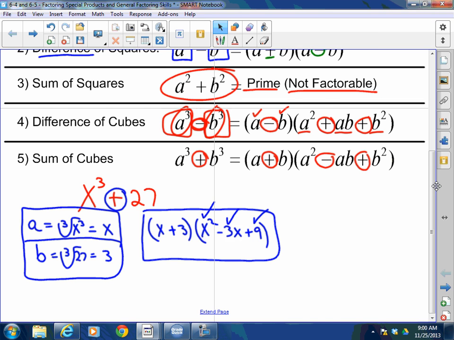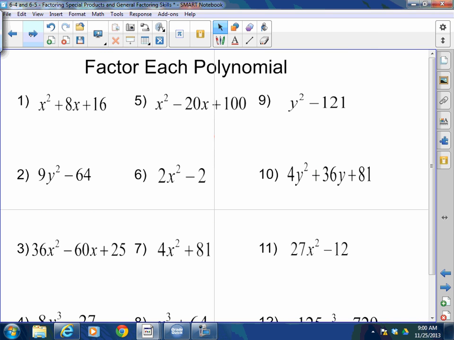The regular cubic method. All right, let's see what we got here. First of all, you could do this easy. What times what is 16 but when added together is 8? You could do that. Or you could recognize, wait a second, is that a perfect square? What's the square root of that?